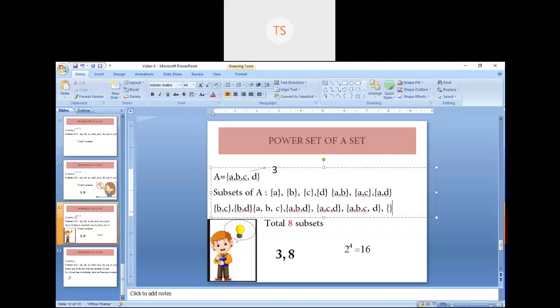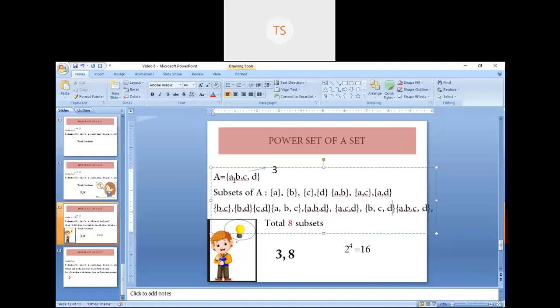Now count the total number of elements: 1, 2, 3, 4, 5, 6, 7, 8, 9, 10, 11, 12, 13, 14, 15, and again one more is left. So here you can write one more, D, comma C. So these are the 16 subsets of a capital A.